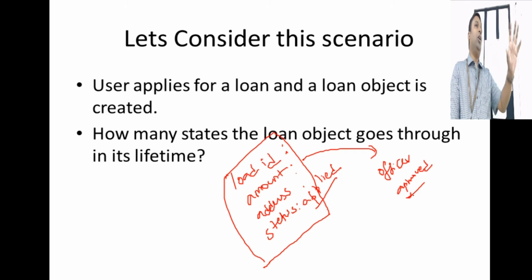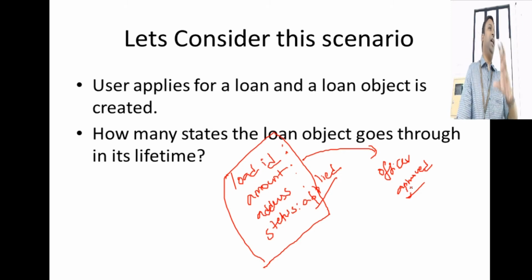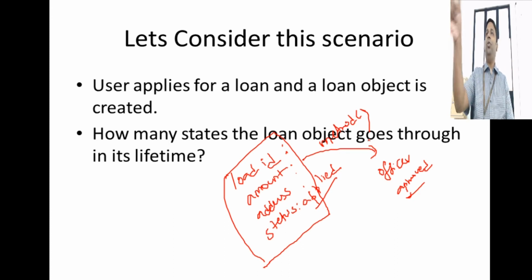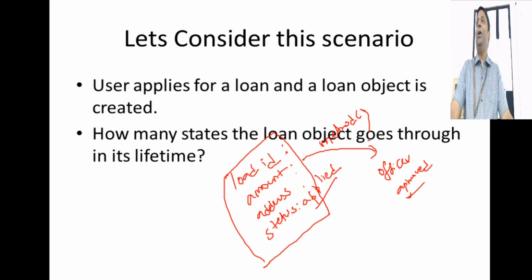How will one object transit from one state to another? You'll use a method. If the loan officer wants to approve your loan, first he will be able to view all the loans and then click on approve, which is a method that approves the loan. So an object can transit states through variation in the values of its fields.